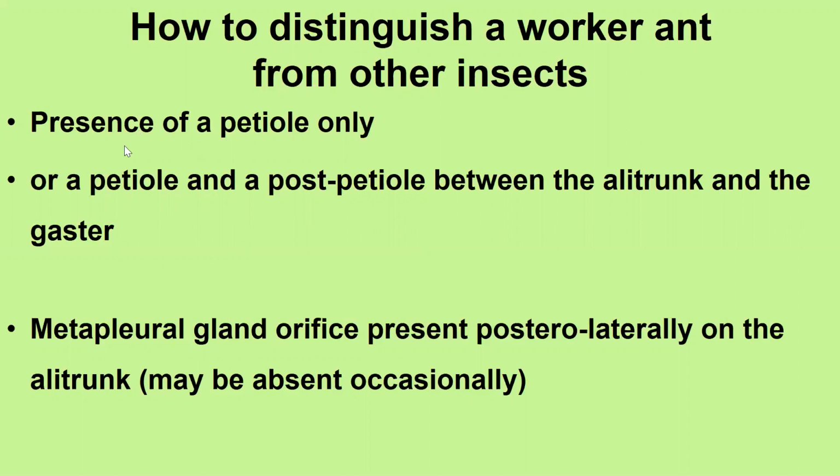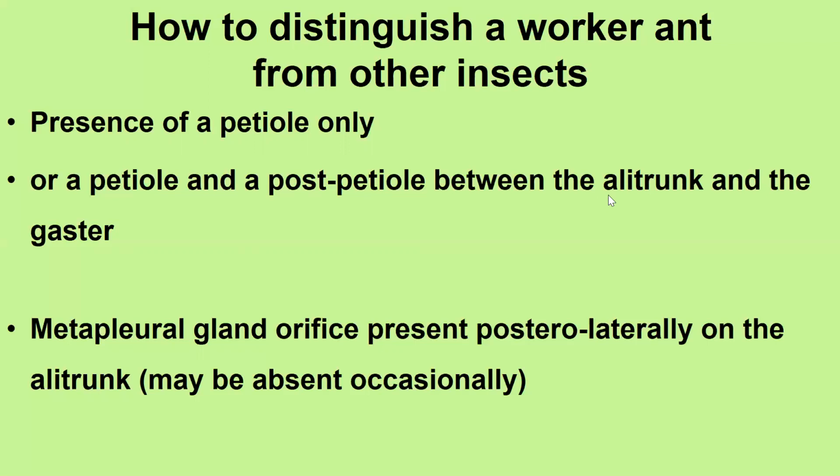When you check the structure of the ant, usually any ant has a petiole. So there is the presence of a petiole only, or sometimes a petiole and a post petiole. That means a petiole is a separate segment, and in some ants it is followed by another segment, which is called a post petiole, right?